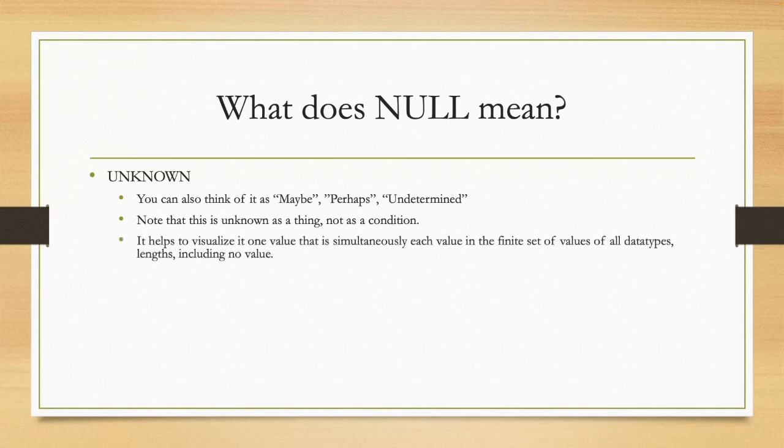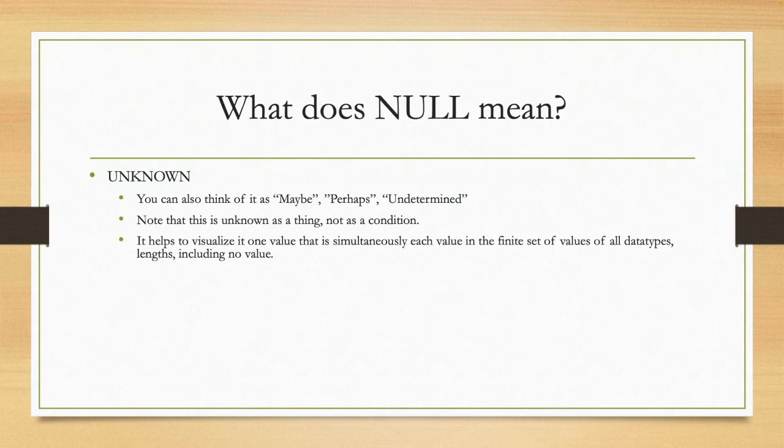If it helps, you can visualize this as a value that's simultaneously every value. That's not really technically correct, but it is correct in that when I say something is null, I'm saying that I don't know its value, but it probably has a value. But I don't know, right?